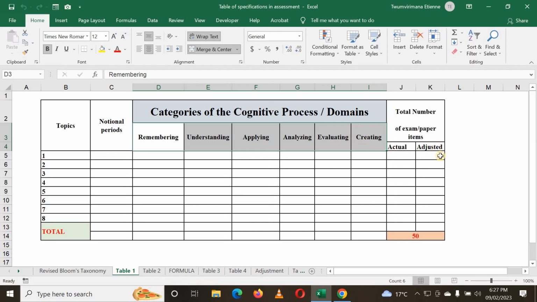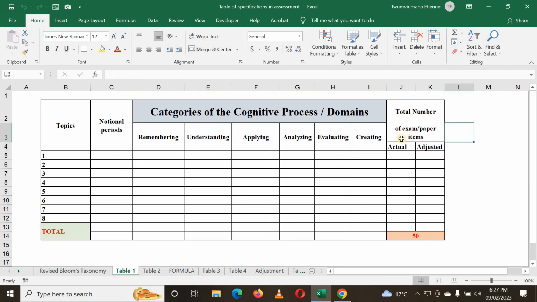And here on the right side, you see you have a total number of exam paper items, number of questions. Down here at the bottom, you have the total. This is an example. You might have 20 questions, you might have 10 questions. This is a supposition, but it is drawn in this way.